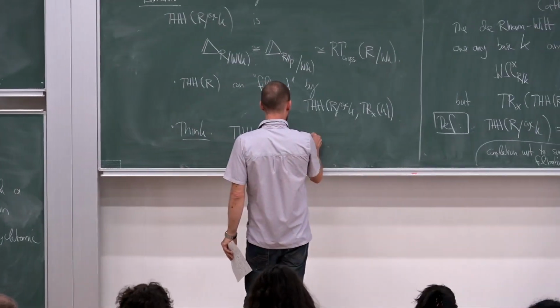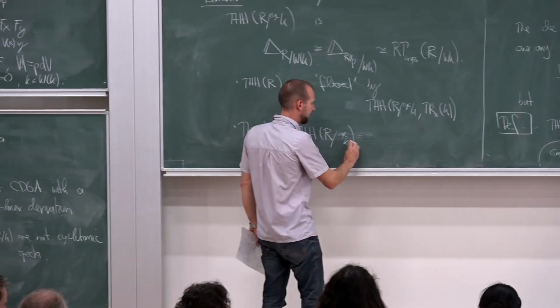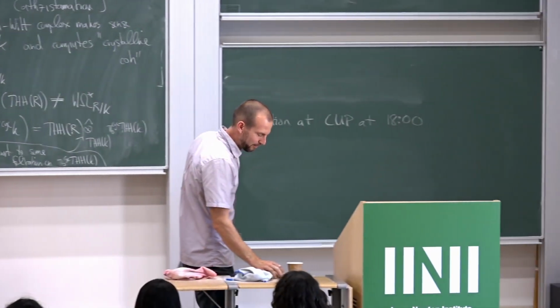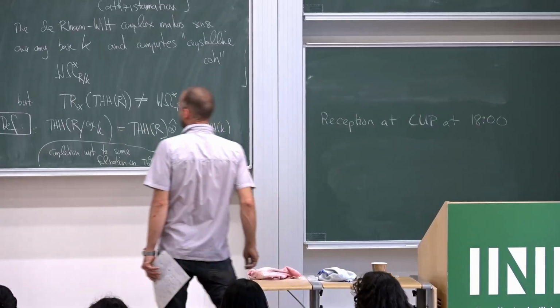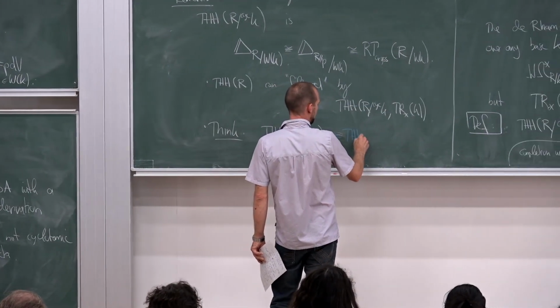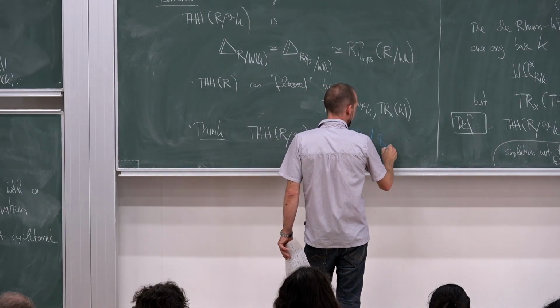And so morally, we want to think that this is something like THH-R relative some spherical Witt vectors of K.